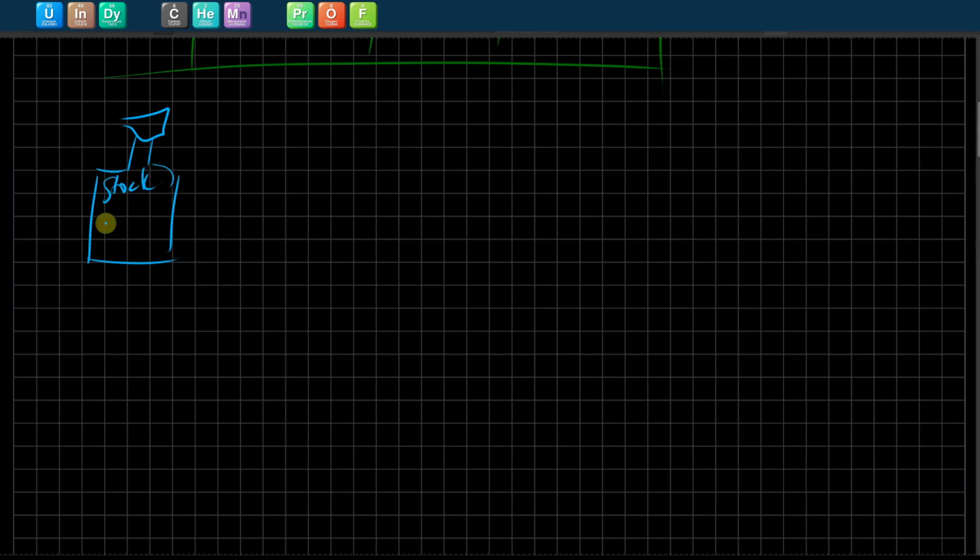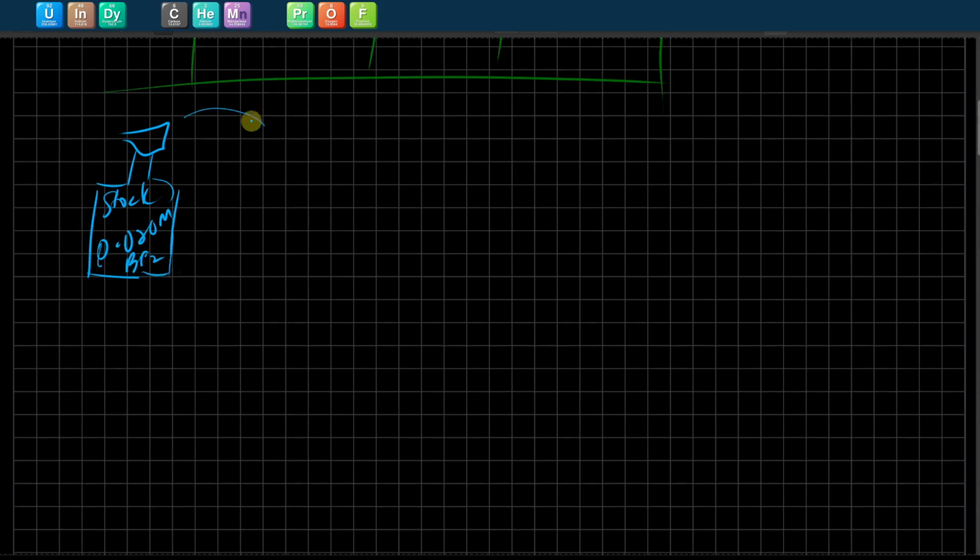In the case of bromine, I think the stock concentration of bromine that we're going to use is 0.020 molar bromine. There we go. And then we're going to take some amount of this stock solution. In the first trial, for example, we're going to use 5 milliliters of bromine, and then we're going to add it to our reaction.